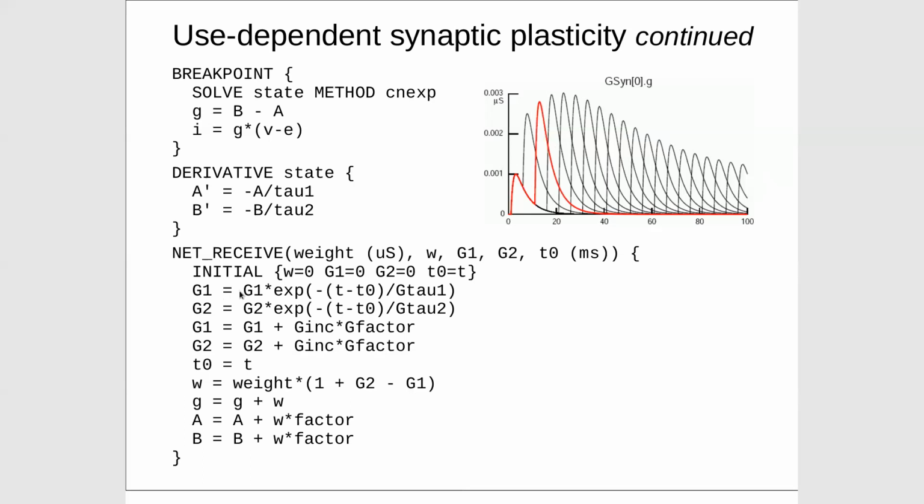But notice we don't have to solve these numerically. We can use their analytical solutions because we know the last time they were activated, and we know the values they had the last time they were activated.